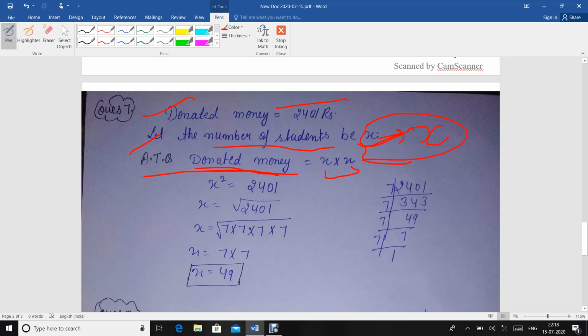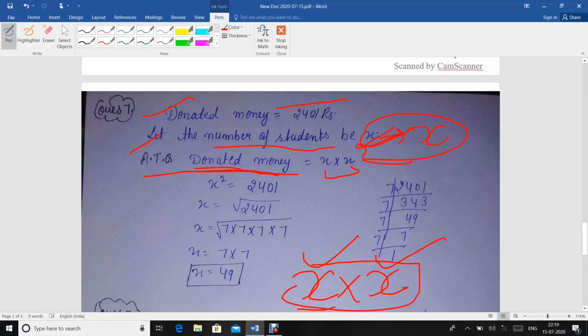The question is saying as many rupees as the number of students, and the number of students are x. If the number of students are x, means जितने students हैं उतने ही उन्होंने पैसे collect किए हैं. So we will multiply this x by x. These are the number of students and these are the money, donated money.